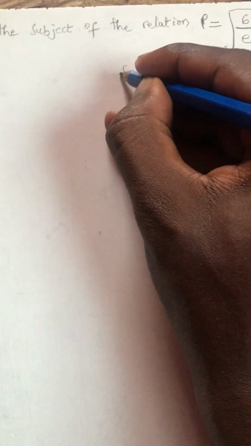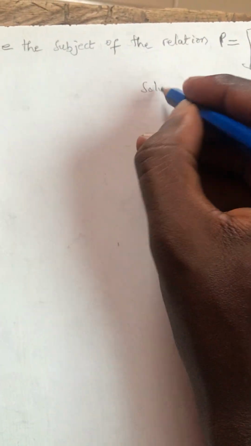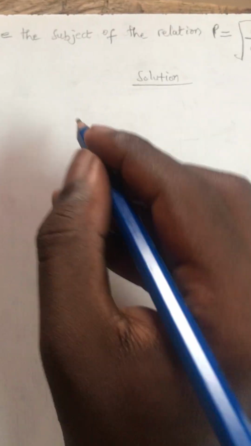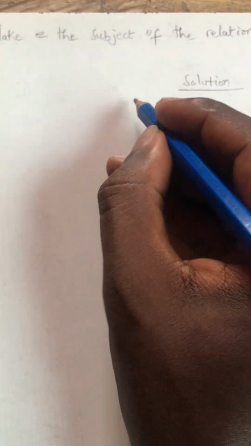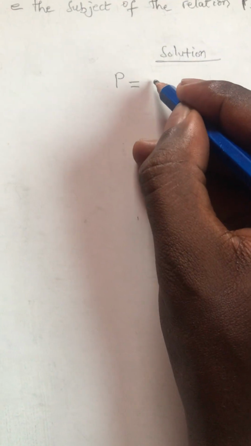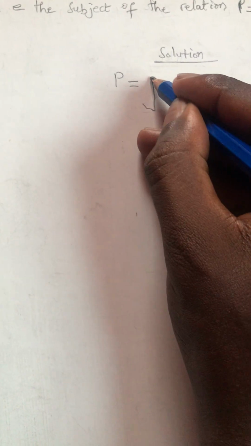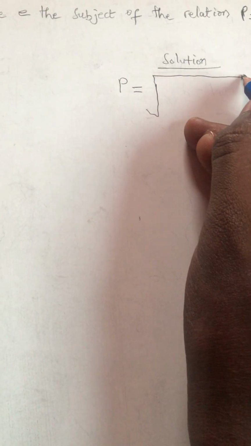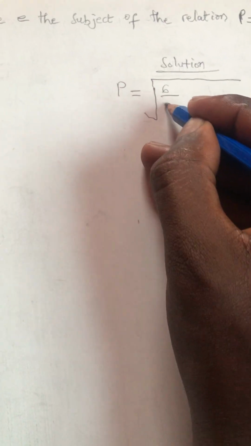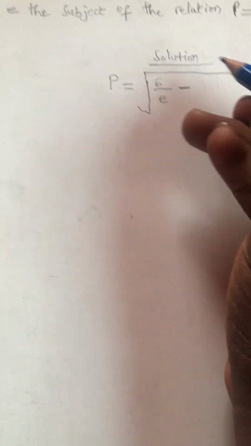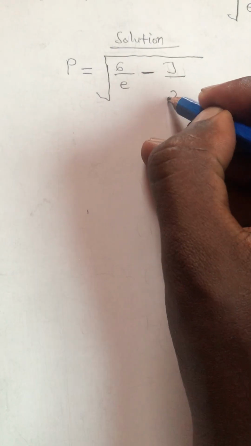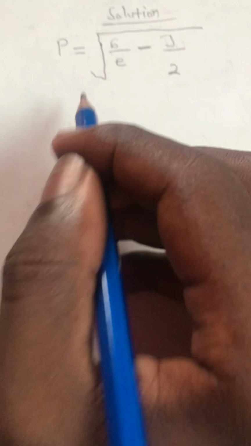Our solution: our given equation is P equals the square root of the fraction 6 over E minus the fraction J over 2.